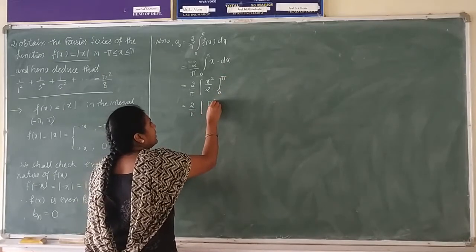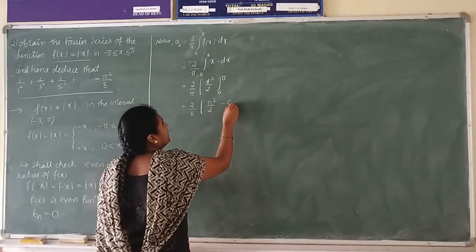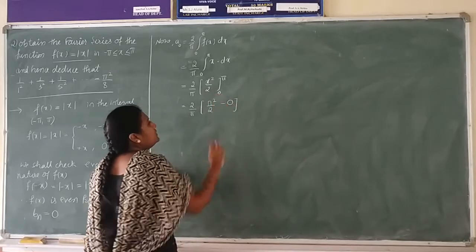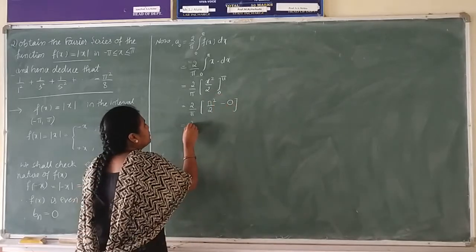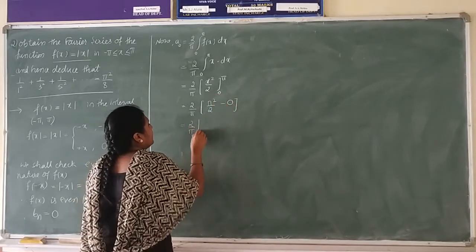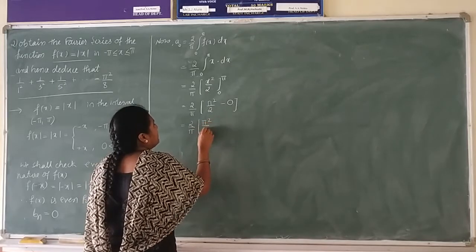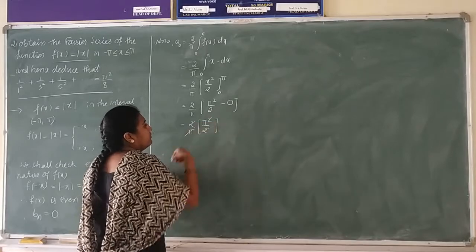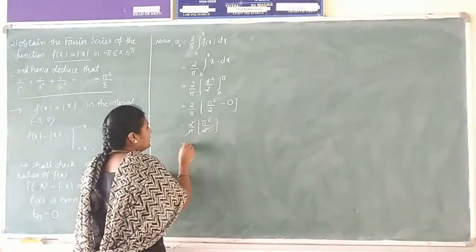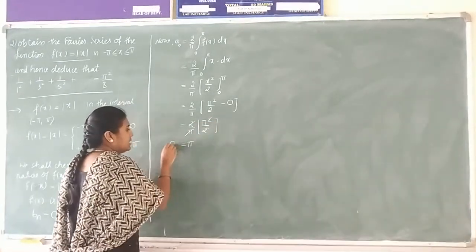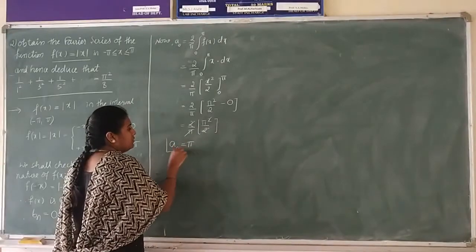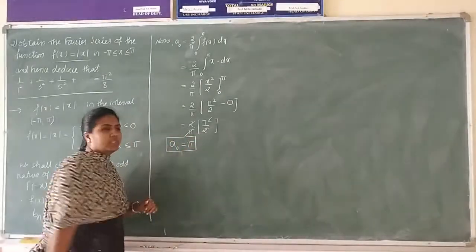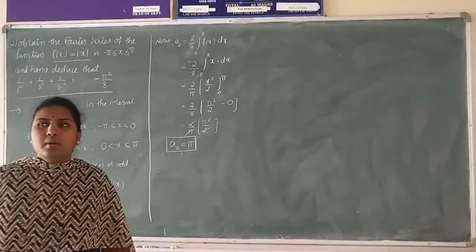That is pi square by 2, and for the lower limit, x equals 0 gives 0 only. Which is equal to 2 by pi into pi square by 2. The 2 gets cancelled, one pi gets cancelled, left with pi. The value of a0 is equal to pi.